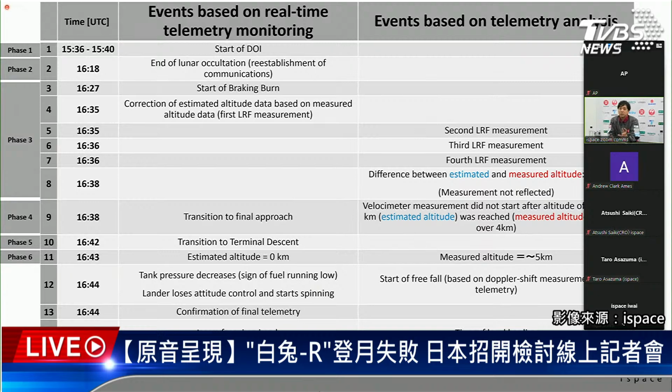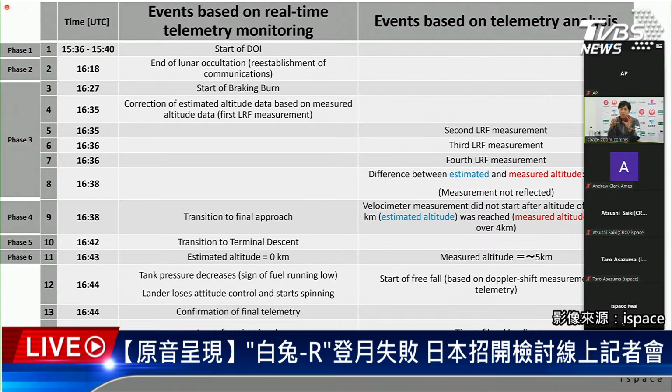One is the real-time telemetry event sequence, which shows what we saw on the landing day by telemetry monitoring. In addition, today we added another column, events from post-flight telemetry analysis. By combining the 2 columns, I'm going to explain what happened at the last moment.